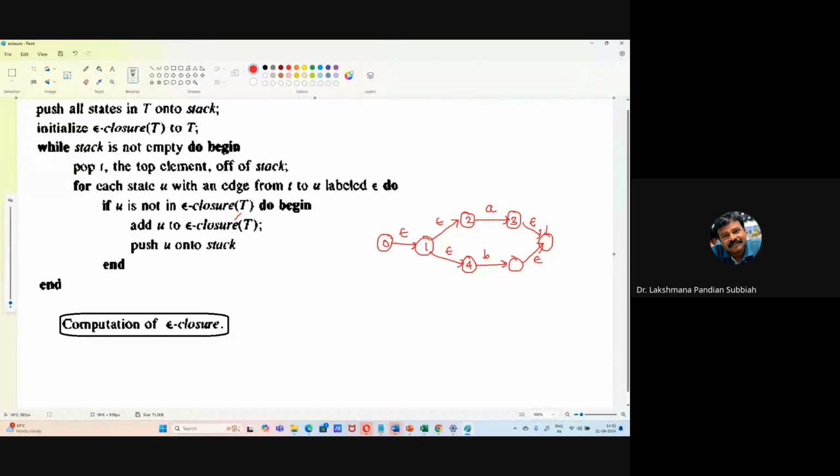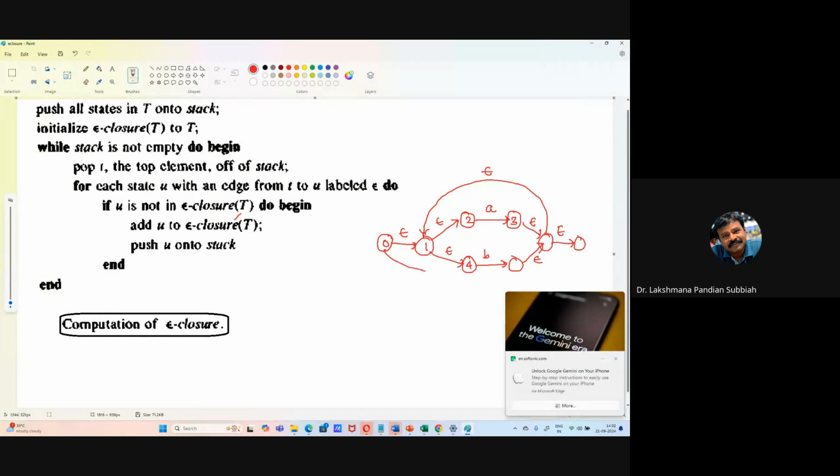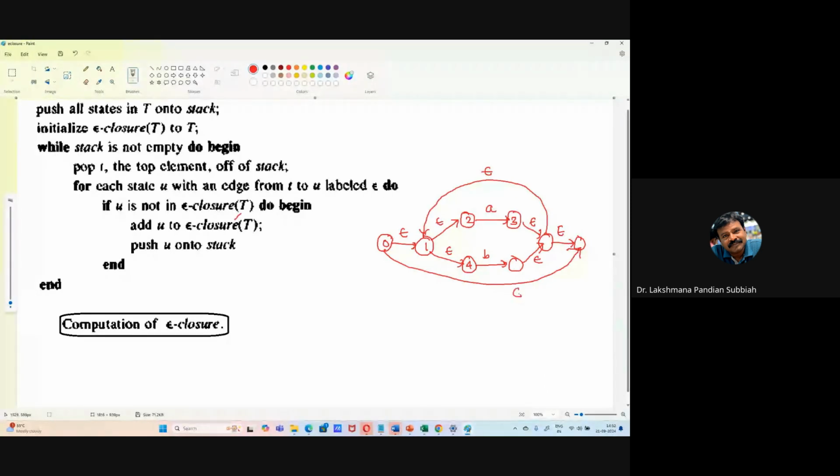So you have to repeat that, with an epsilon edge here, and one more edge connected as epsilon, and then another epsilon. Now these are 3, 4, 5, 6, and 7. Thereafter we have A. Now you are going right.